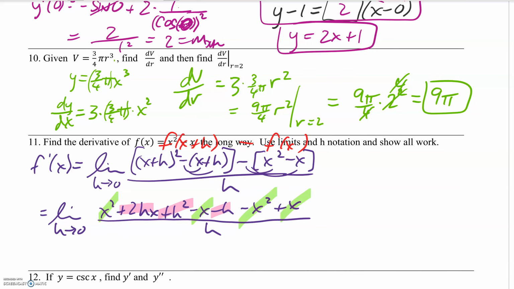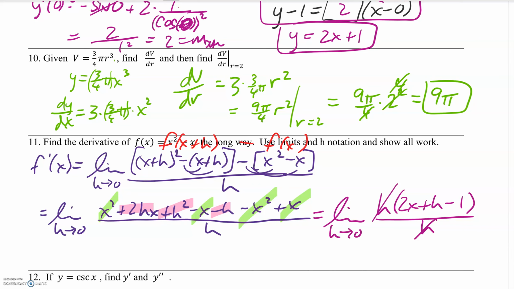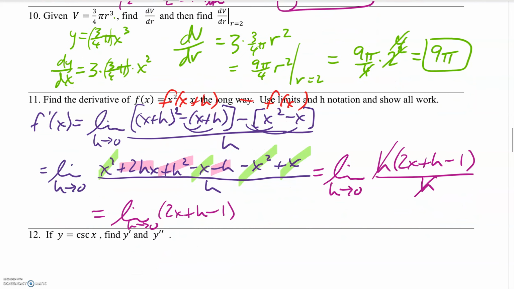And you'll notice right away that all three of those terms have an h in them. So we're going to factor out the h, and we'll leave a 2x plus h minus 1. And that'll be really helpful because now it's time to cancel those h's. So cleaning this up, we have a very simple limit left of 2x plus h minus 1, h going to 0.